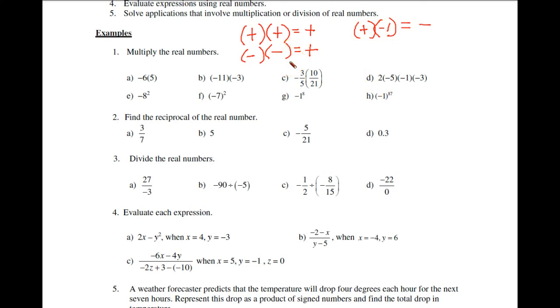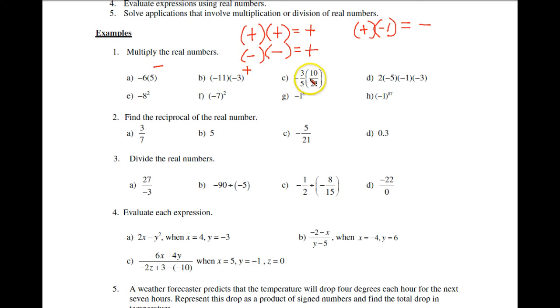Okay, so a strategy in doing these would be, at first, determine what sign the answer will be. So you look at the signs. Here we have a negative and a positive, so this answer is going to be negative. A negative and a negative, so this answer is going to be positive.